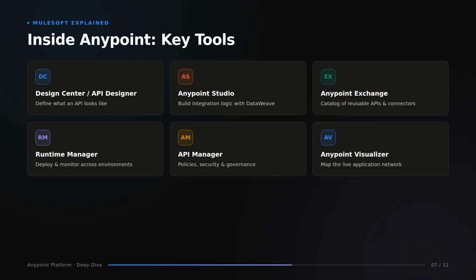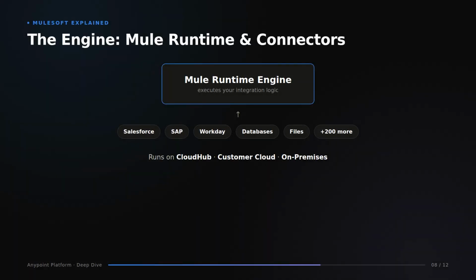And once something is deployed, Runtime Manager and API Manager take over, handling deployment, monitoring, traffic policies, and security across cloud and on-premises environments alike. Underneath all of this sits the Mule Runtime Engine, the software that actually executes your integration logic, whether it's deployed on MuleSoft's cloud, your own cloud account, or on-premises.